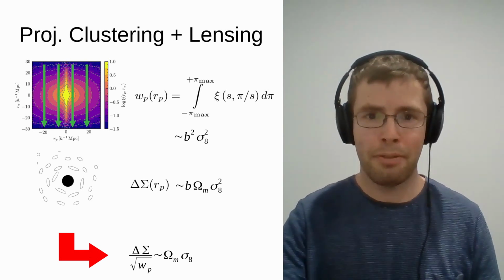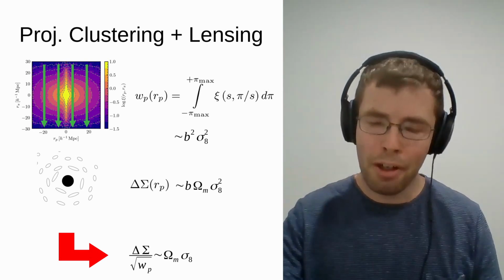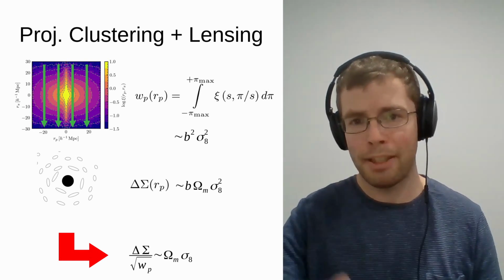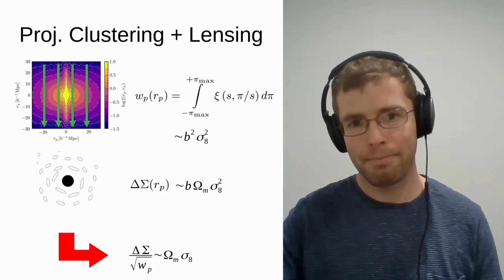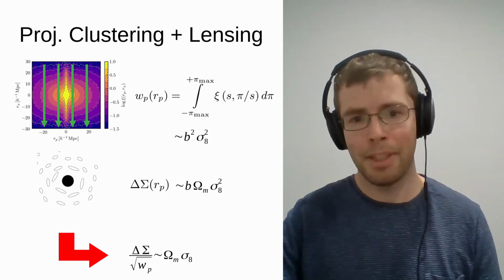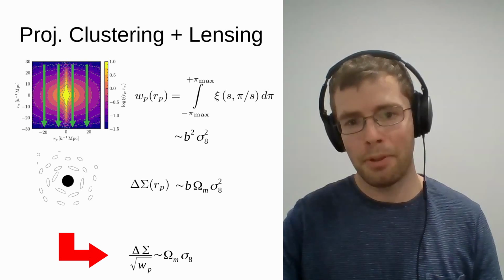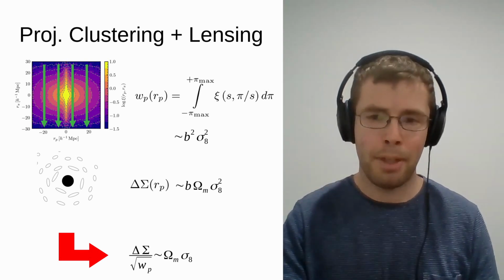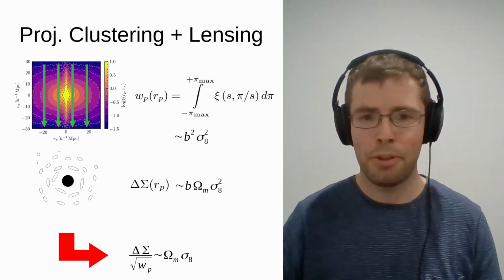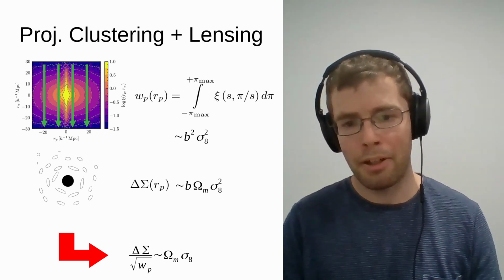This measurement of galaxy clustering on large scales is sensitive to the linear bias squared and sigma 8 squared. If you combine this with galaxy-galaxy lensing, delta sigma, which is sensitive to the bias as well as omega matter and sigma 8 squared, the combination of these two measurements you can use to constrain omega matter and sigma 8.